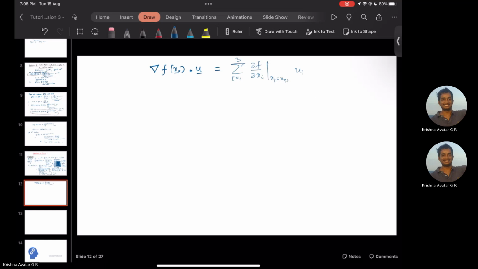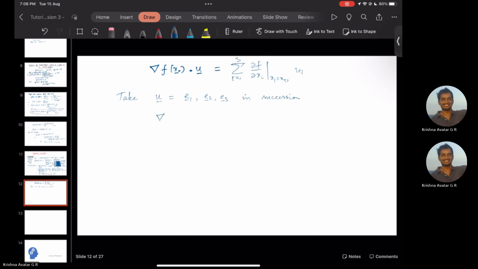So after this, what we can clearly see is, I was talking about the canonical basis in the previous lecture. So let's take the u vector equal to e1, e2, e3 in succession.